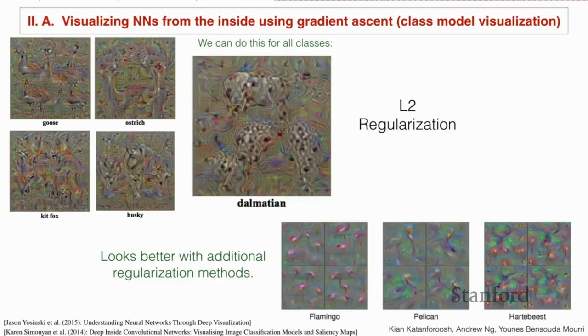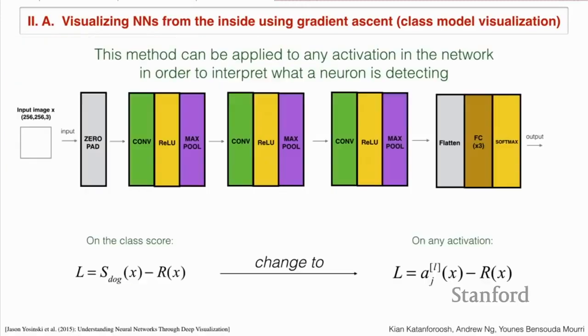Instead, you want a smooth transition among pixels, and this is another type of regularization called Gaussian blurring. Okay? So this method makes a lot of sense in scientific terms. You're maximizing an objective function that gives you what the network sees as flamingo, which would maximize the score of flamingo. So we also call it class model visualization.